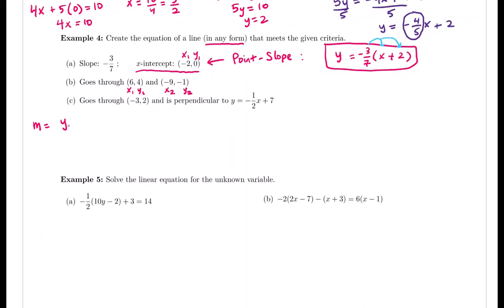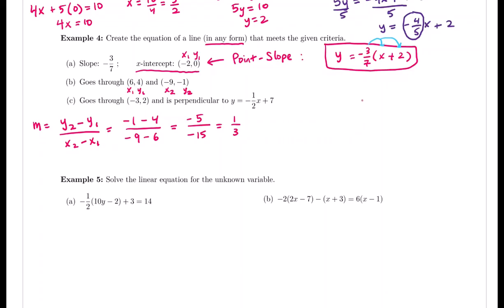And if I use the slope formula, then I can compute the slope. So I have negative 1 minus 4 over negative 9 minus 6. And this will be negative 5 divided by negative 15, which simplifies to be positive 1/3.